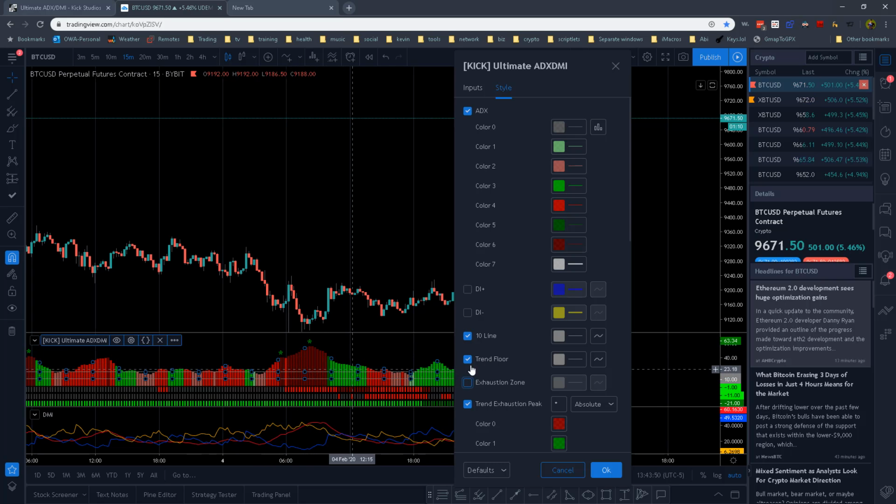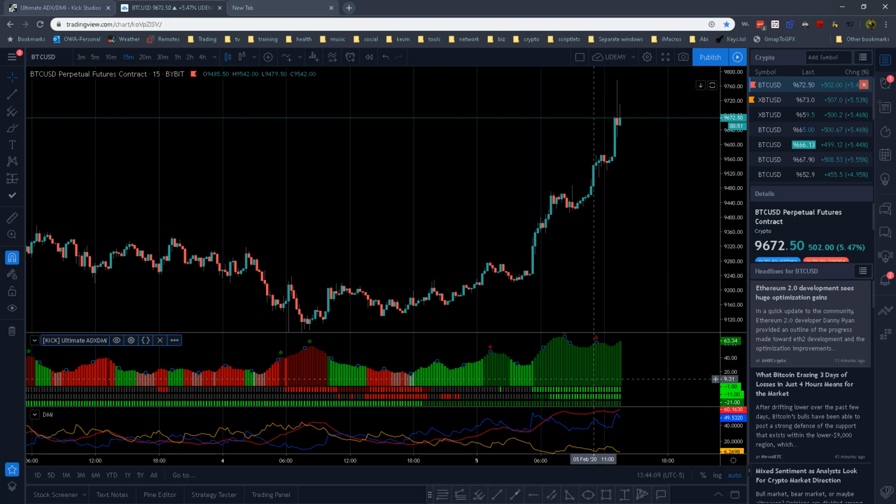You don't need the trend floor line, because that also is a point where the colors change from vibrant to desaturated reds and greens. And the same with the 10 line, because if it goes below the 10, it will change to gray, this color right here. So we can even remove that to be even cleaner in our indicator. Okay, we'll leave it just like that.